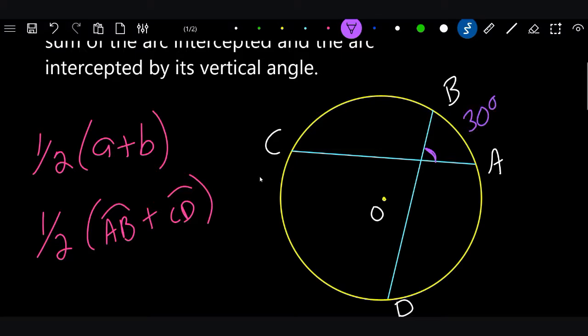I'm just making up stuff, okay? And let's say that this one, the reflex angle, the one that intercepts this one over here, is 140. Now I don't know if that can actually work out or not. Maybe it can, maybe it can't, but we'll just throw those in there.